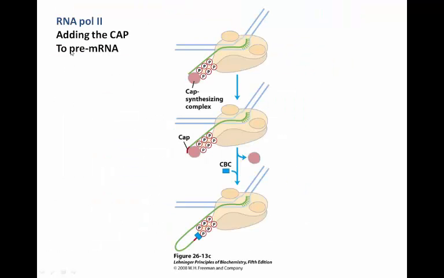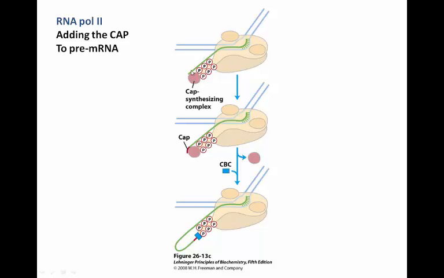RNA polymerase II, adding of the cap to pre-mRNA. Here's our 5' end. This is the 3' end that's being extended. This is the cross-sectional view of our RNA polymerase II. Here's our cap synthesizing complex.